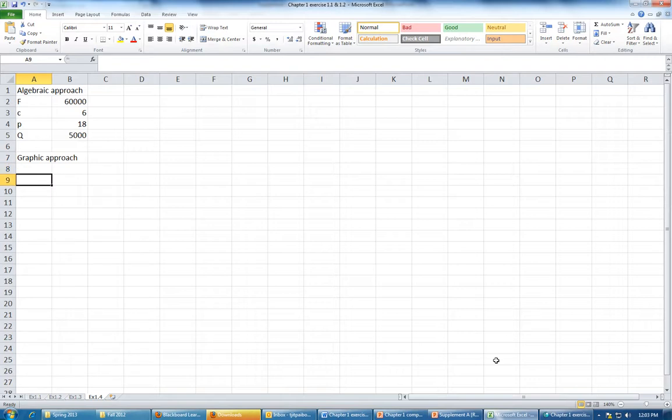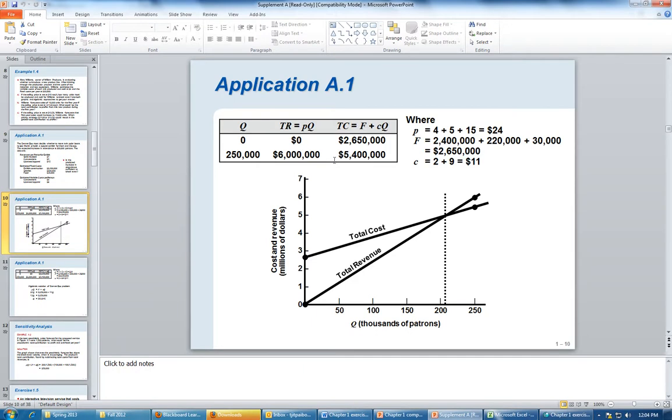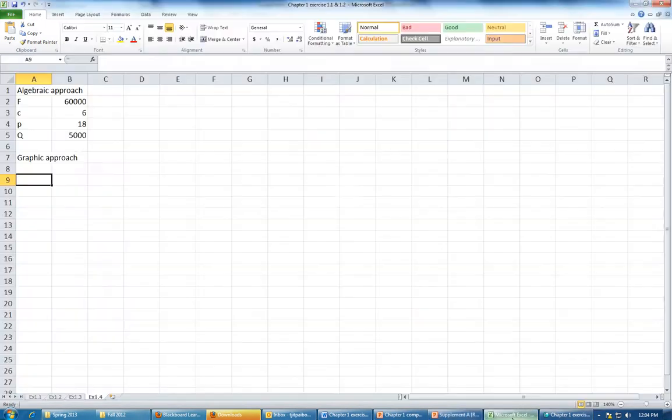We're going to go back to the slide and set up the same way as over here. The first column we're going to set up as Q, quantity. The second column as total revenue, and the third column as total cost.